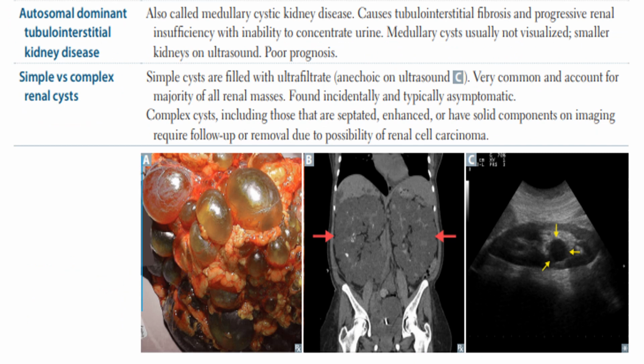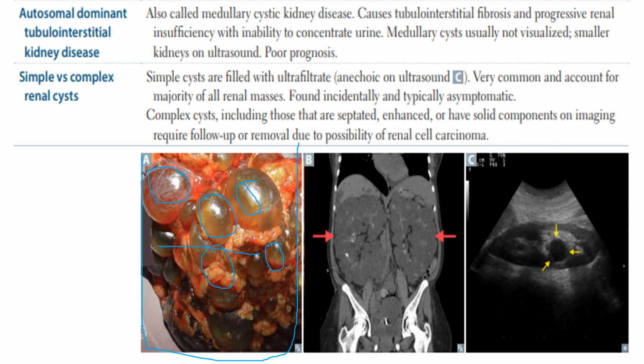As you can see in this image, there are numerous cysts in cortex and medulla, as it's showing autosomal dominant polycystic kidney disease.